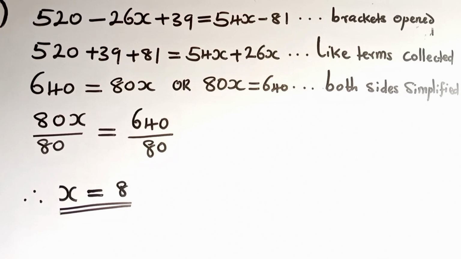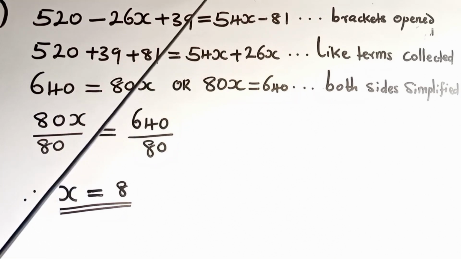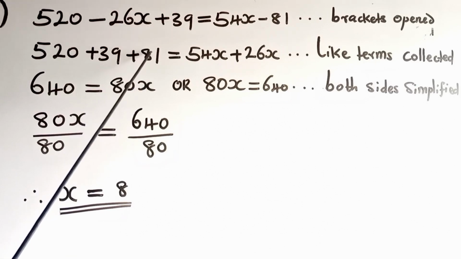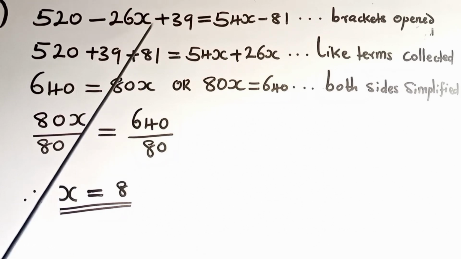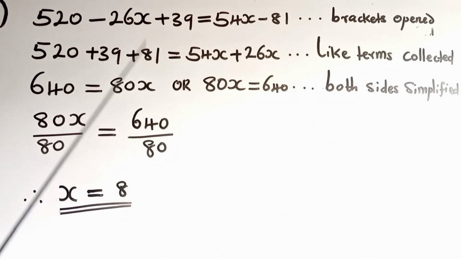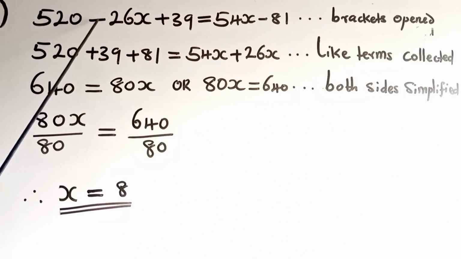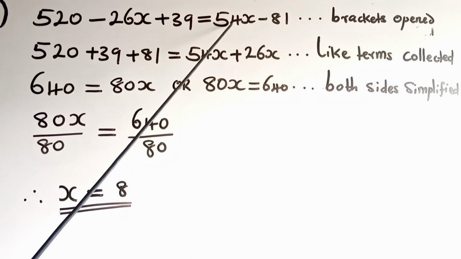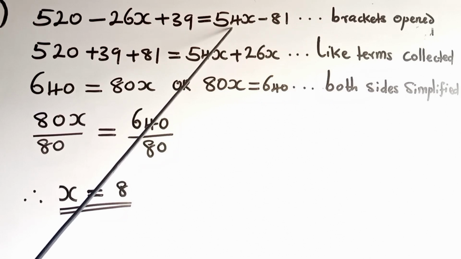So far, the summary is that 39 came nearer to 520 to become this, and minus 81 crossed this equality sign to become plus 81. This did not change its sign. This changed its sign. I hope you now know why. Likewise, this minus 26x will have to jump to the right-hand side to meet this 54x.